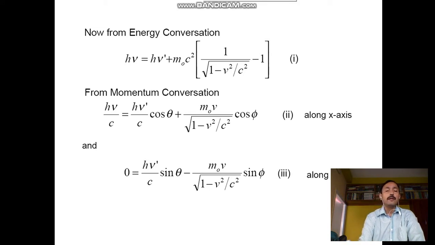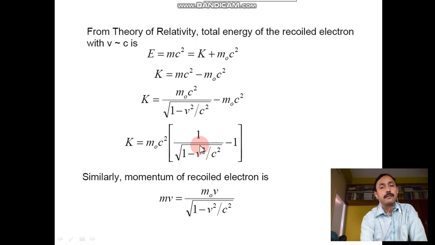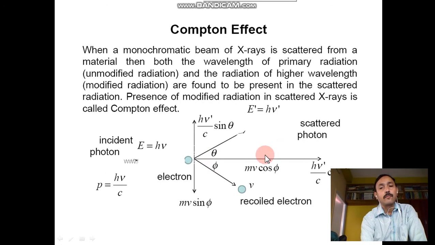From the conservation of momentum along x-axis, photon its momentum is h nu by c, y-axis it has no momentum, we have considered, is equal to, along x-axis the horizontal component of momentum of the scattered photon is h nu dash by c cos theta plus recoil electron's momentum is mv cos phi.